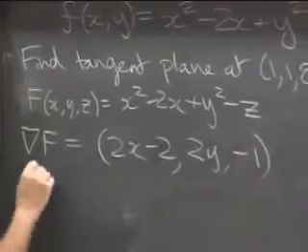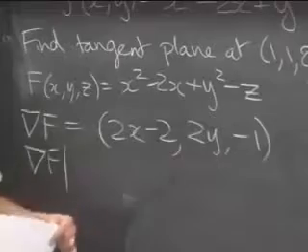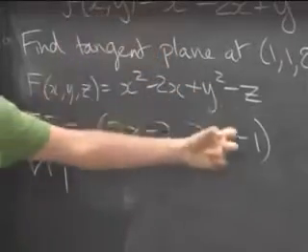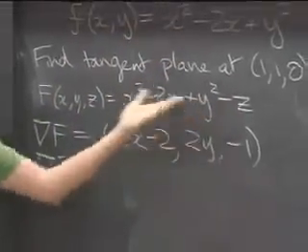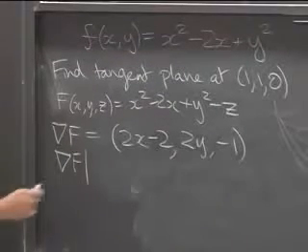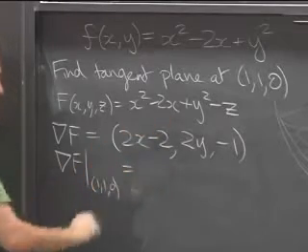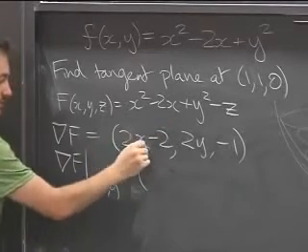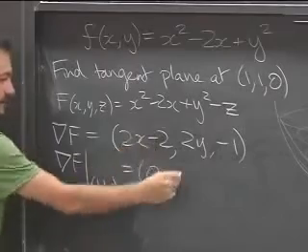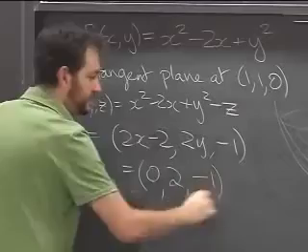So, again, as I said, you should always get minus 1 if you do this method, because you always have z equals something, you put it over here, it's always minus z, and the derivative is minus 1. So, when you evaluate this at 1, 1, 0, you plug it in, and you'll find you get 2 times 1 minus 2 is 0. y is also 1, so we get 2, and z is always minus 1 here.